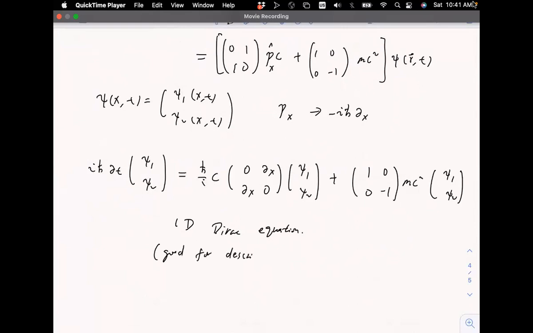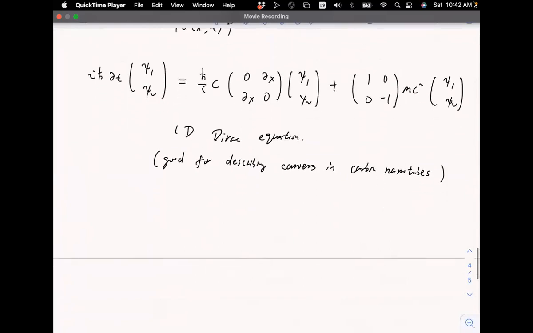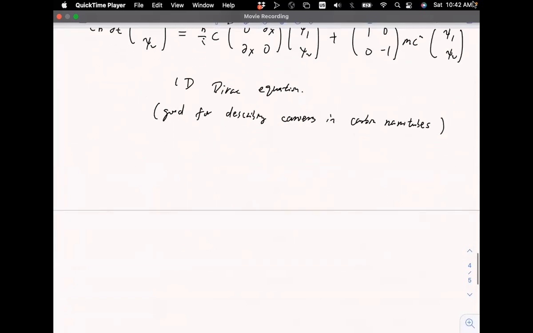for describing a carbon nanotube. Of course, not all the carbon nanotubes, but I think some, because for a carbon nanotube you have a dispersion like this, when the mass is 0, or you open a gap.